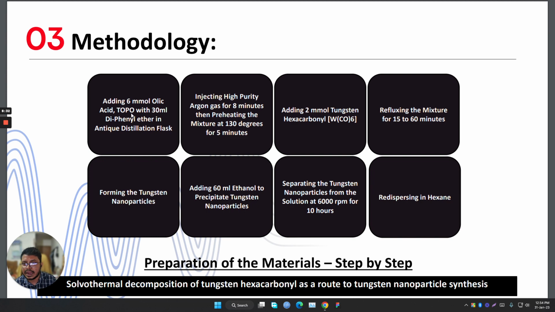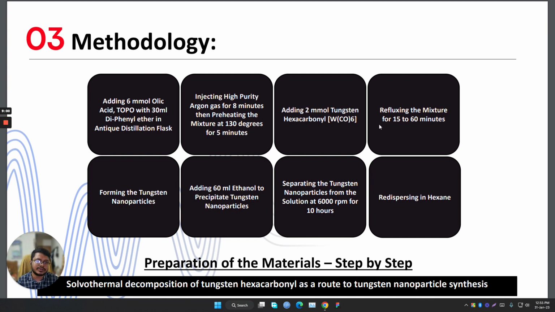At first, adding 6 millimole oleic acid, TOPO with 30 millimole diphenyl ether in an antique distillation flask. Then we inject high purity argon gas for 8 minutes, then preheating the mixture at 130 degrees Celsius for 5 minutes. Then our third step, we added 2 millimole tungsten hexacarbonyl.